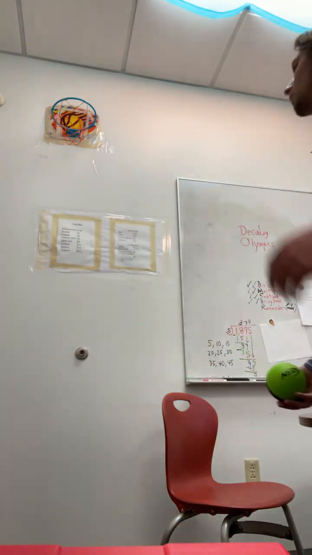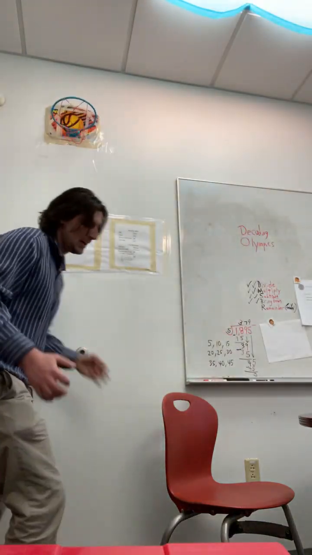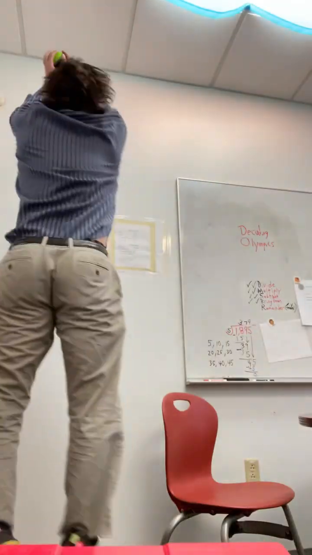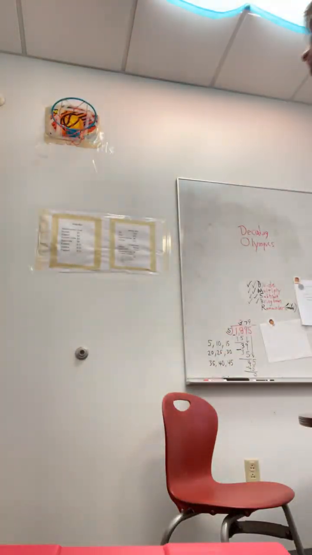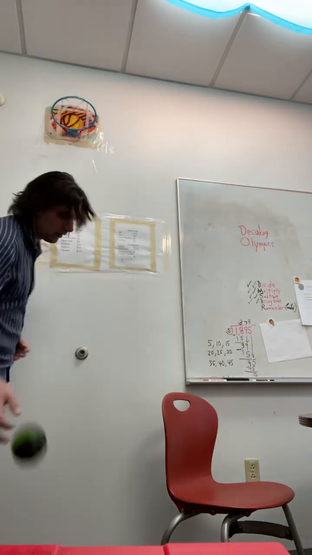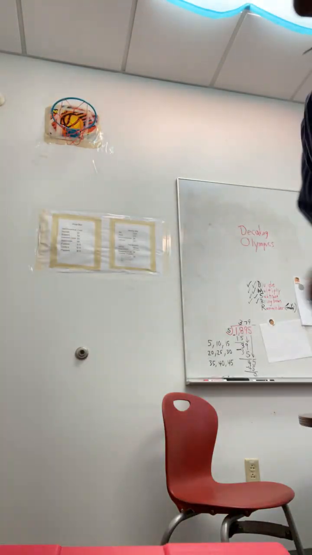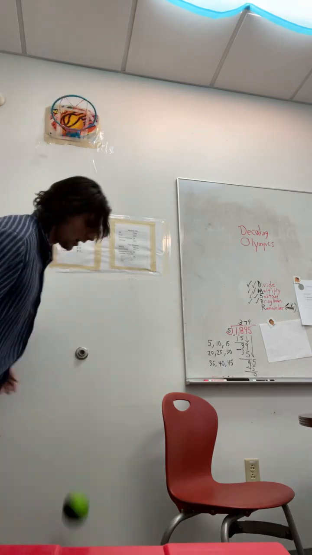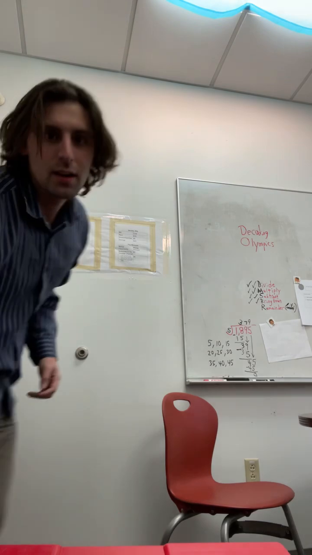All right, ready? Gonna go to the 10-minute mark. My mark is set. Go. Off the board and dunk. That's one. Ooh. Still at 1. Blew that one. 2. 3. 4. 5.